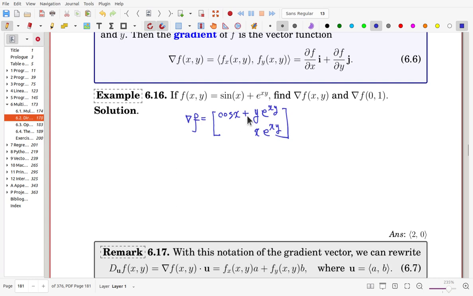Okay, so that is the gradient, and we can get the value at (0, 1), not (1, 0). x is 0, y is 1. Let's see here. If x is 0, then cosine is 1.